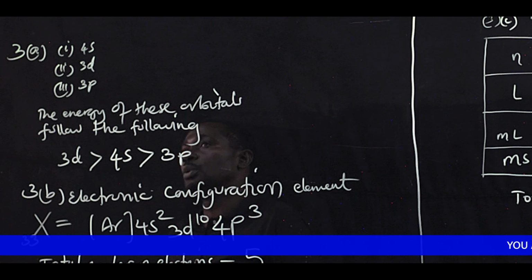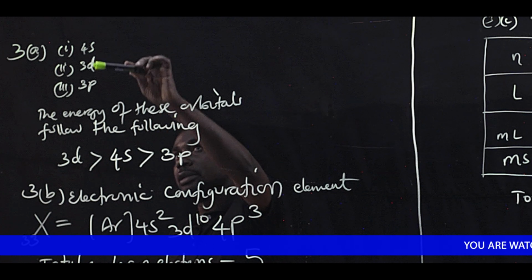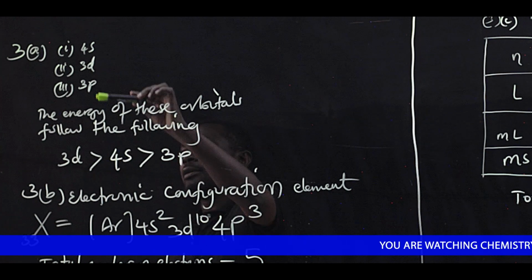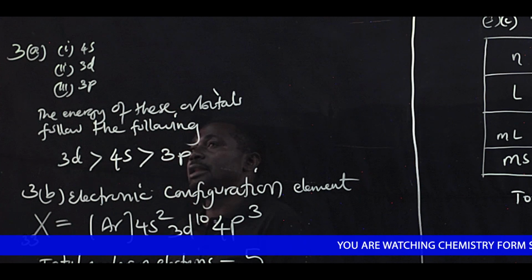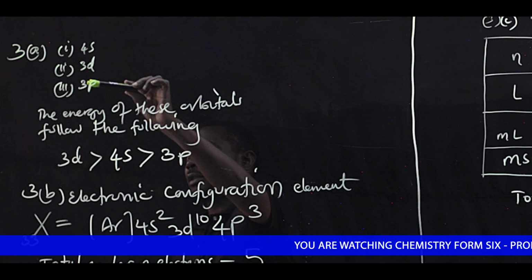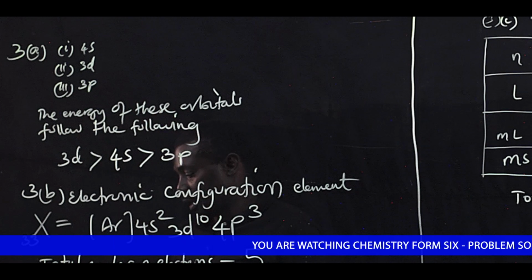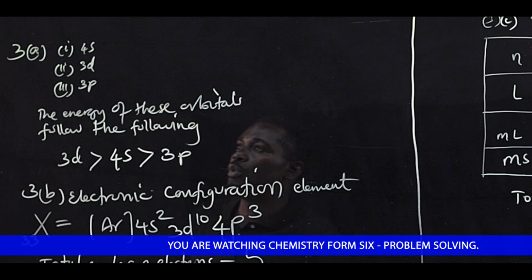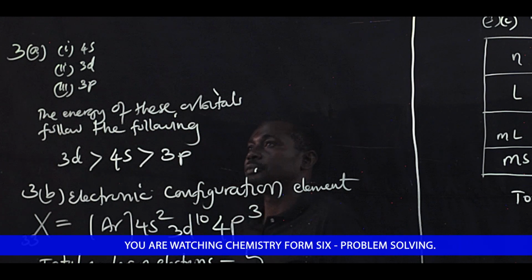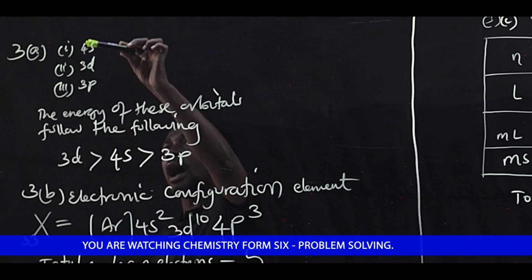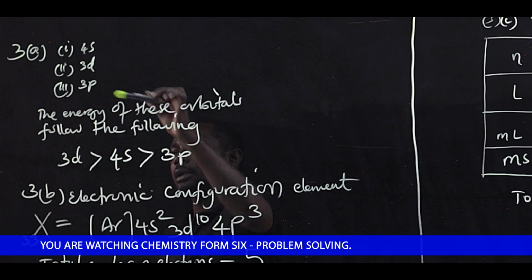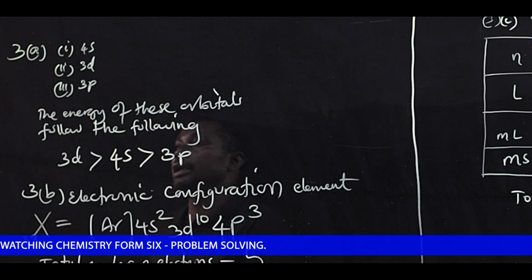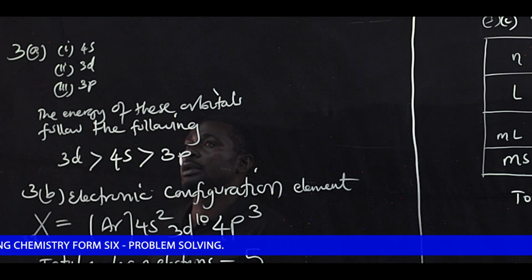L is equal to 2 describes subshell D. For Roman number 3, n is equal to 3 specifies shell number 3. L is equal to 1 describes subshell P. So these are the orbitals represented by the given sets of quantum numbers.